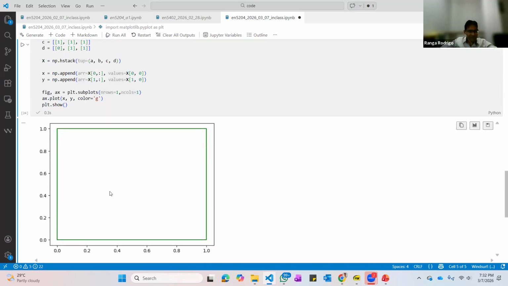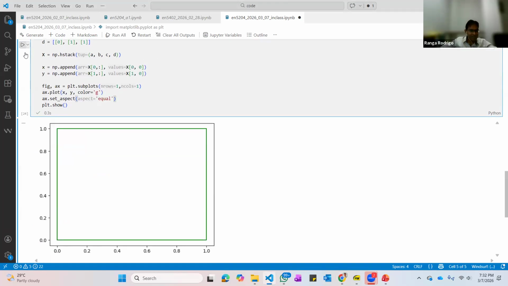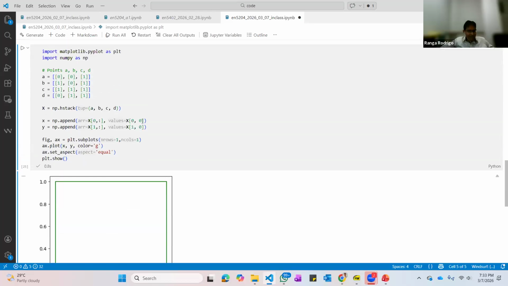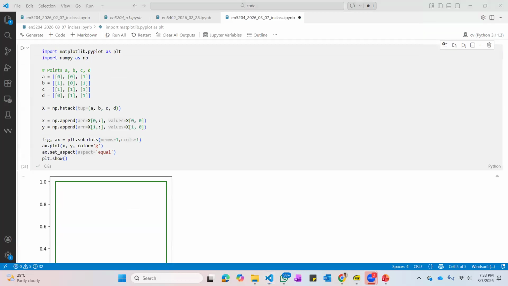You will not see it properly if you do not set the aspect ratio equal. So this is the square. You can see 0, 0, then 1, 0, then 1, 1, then 0, 1. Then I have to draw this line also, that's why there is the appending. I'll let you plot this by yourself so that I can do the transformations and show you.